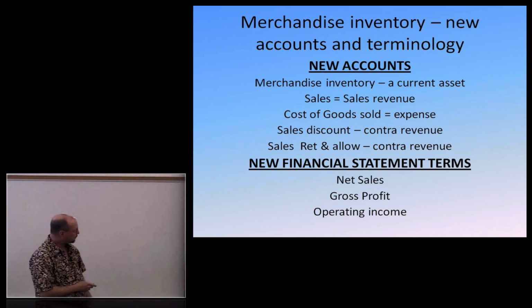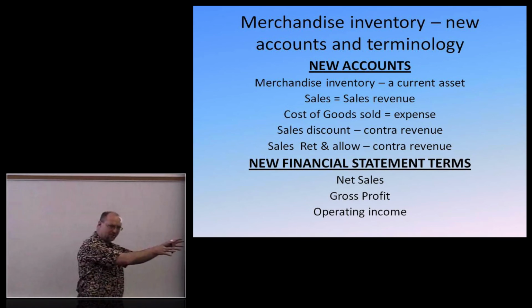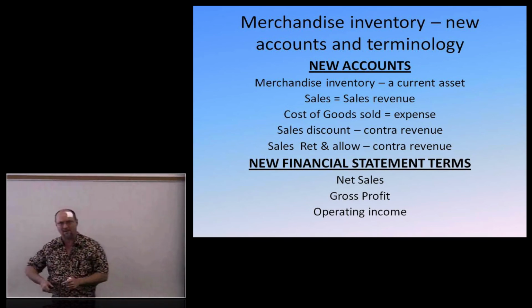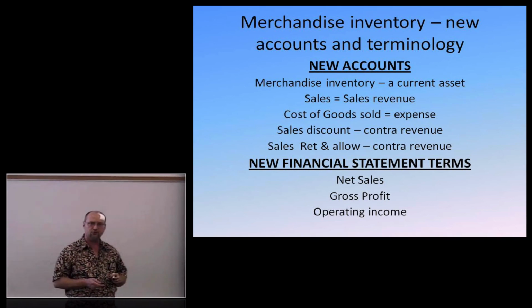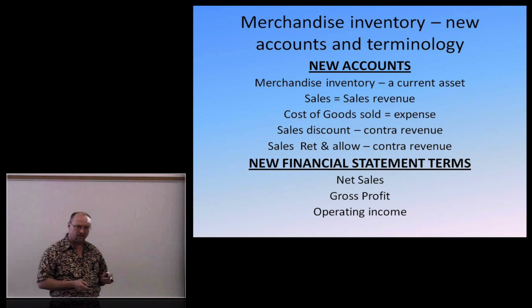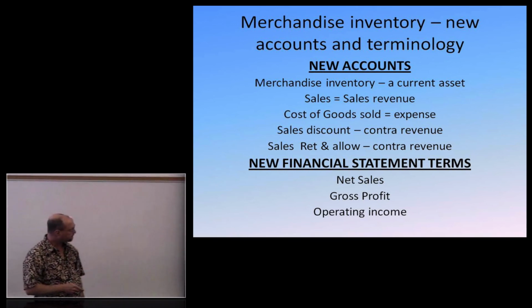Okay, so cost of goods sold is an expense. So cost of goods sold is an expense account, and we're going to subtract cost of goods sold from sales to determine a term called gross profit, which we mentioned down at the bottom here.